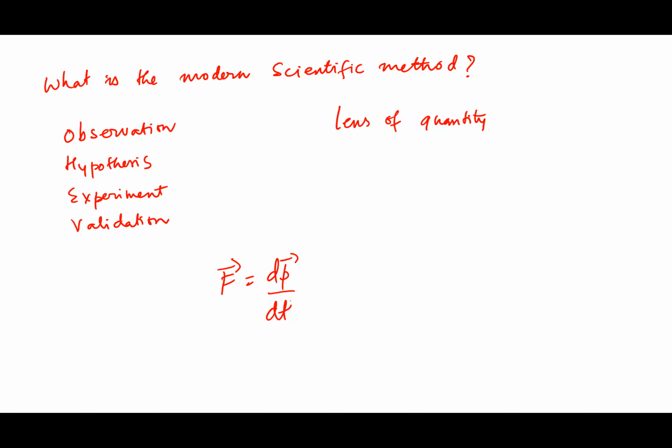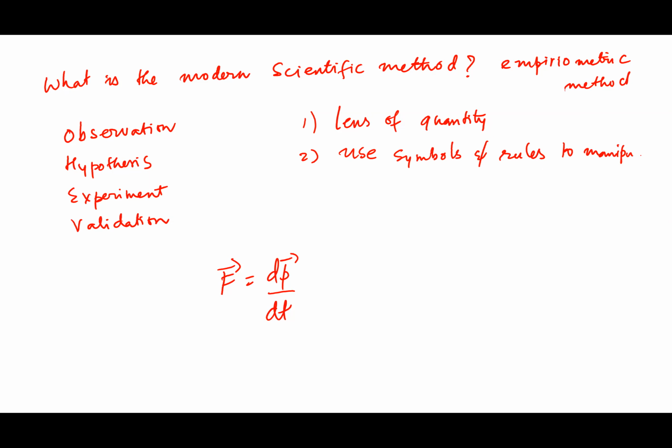This is what in the book is labeled as the empirio-metric method. So the empirio-metric method is you look at the world through the lens of quantity and then use symbols and then rules to manipulate these symbols to express general understanding.